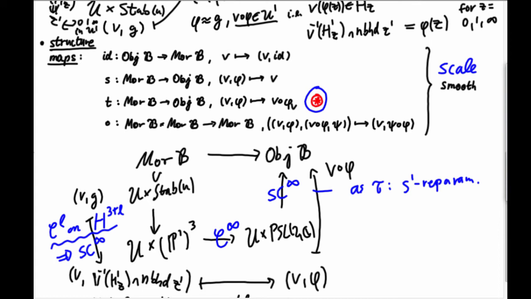Right. And I don't have to worry anymore because the interesting part of this map goes to finite dimensions here. So, understanding this fact, if you write things out, you see that this will be scale smooth.